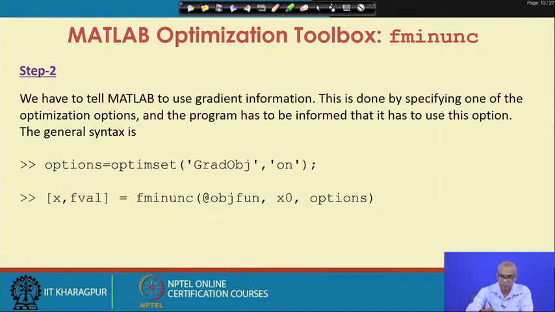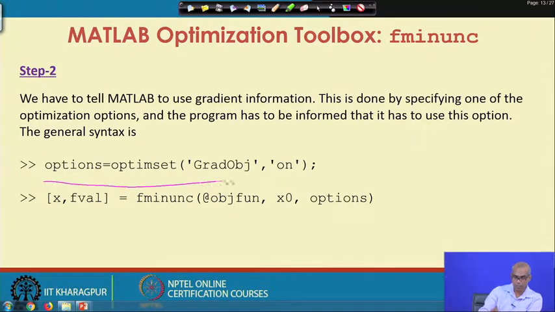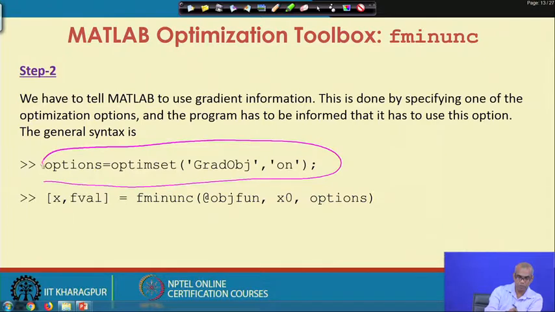So, the general syntax is options equal to optim set, grad obj on. That means we are supplying the gradient and the solver has to use the supplied gradient information.